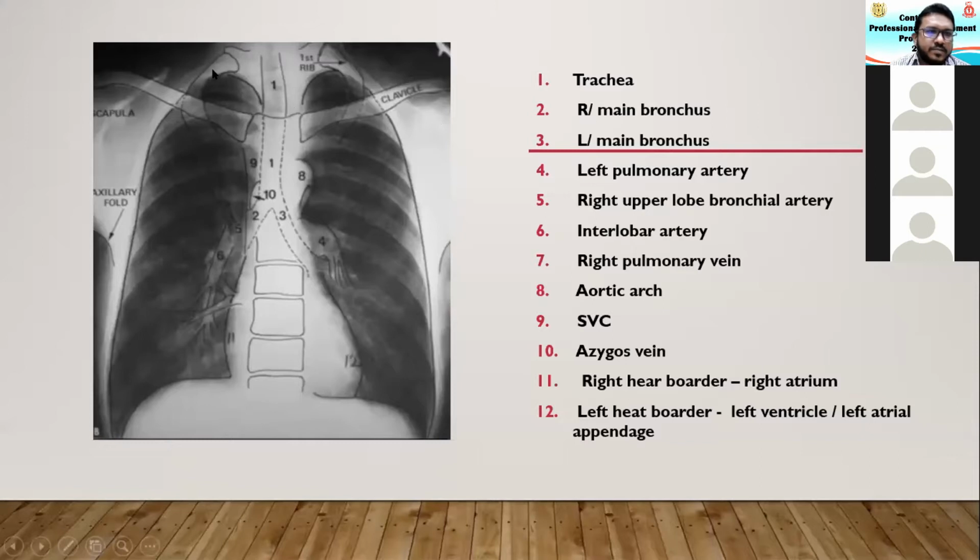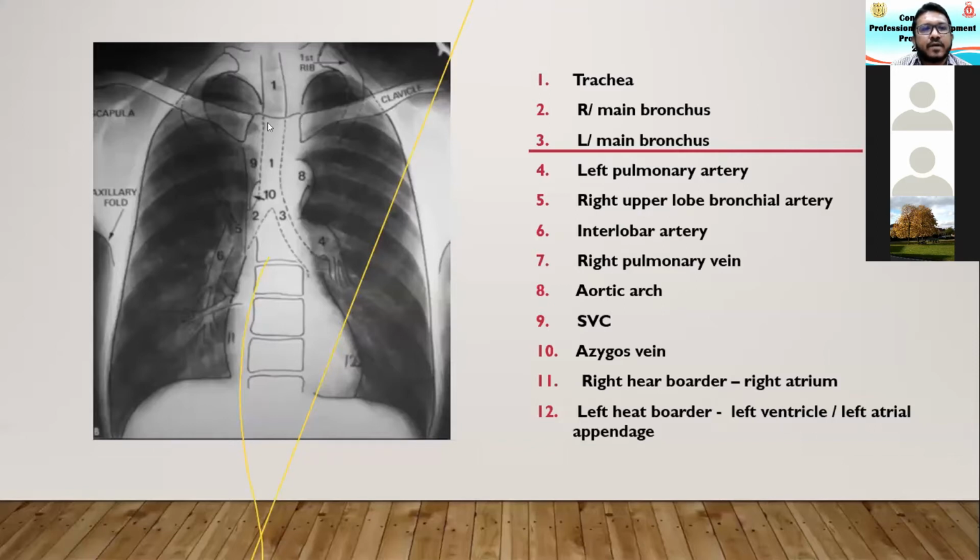So in a good inspiratory film, in a PA view, at least six anterior ribs and 10 posterior ribs should be countable above the diaphragms. So that is a good inspiratory film. And when it comes to rotation, you look at the distance between the medial end of the clavicle and the spinous processes.